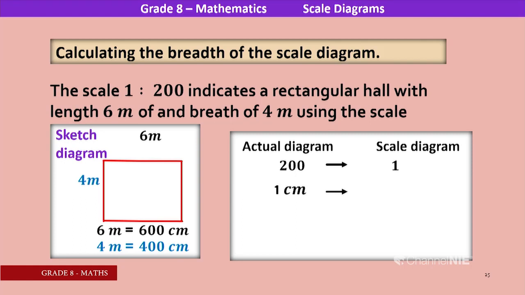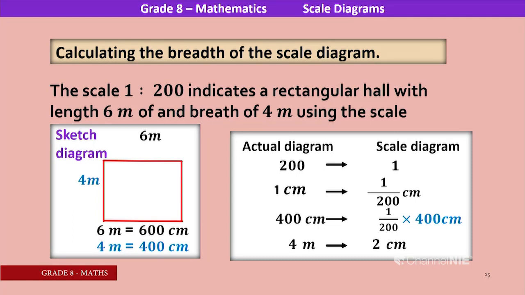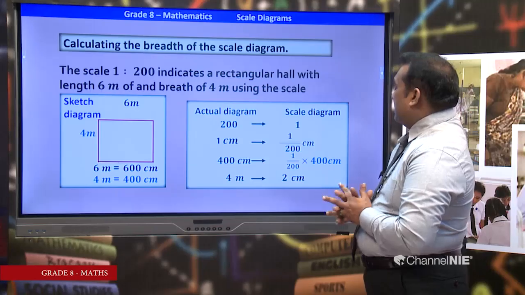Then 1 centimeter means 1 over 200 in the scale diagram. Now 400 centimeter, 1 multiplied by 400, as a result of that 1 over 200 also multiplied by 400. Then after simplifying, 4 meter represents 2 centimeter.